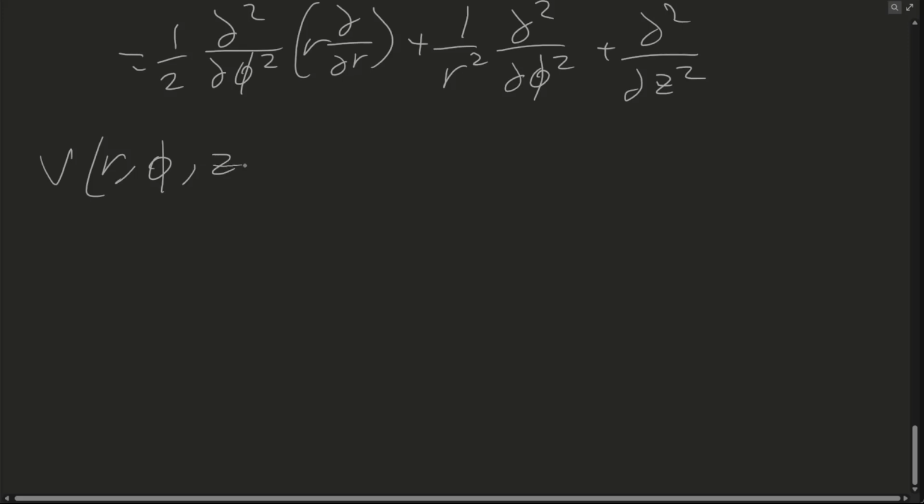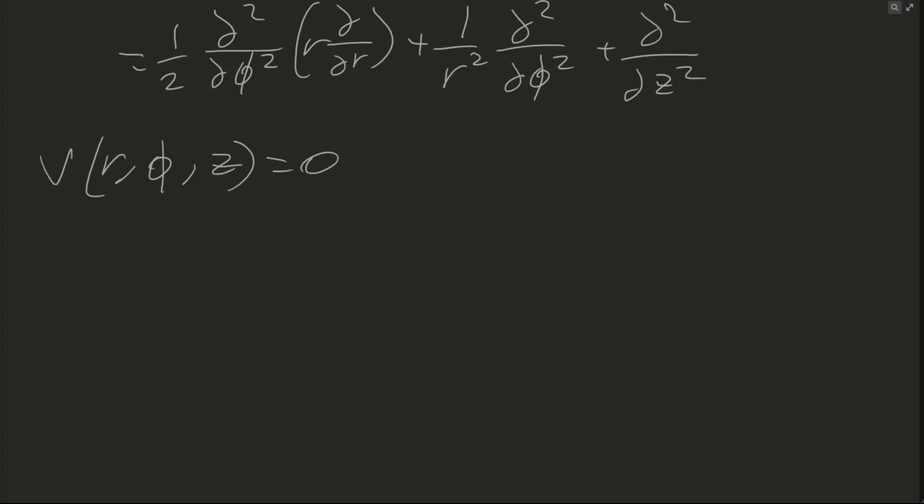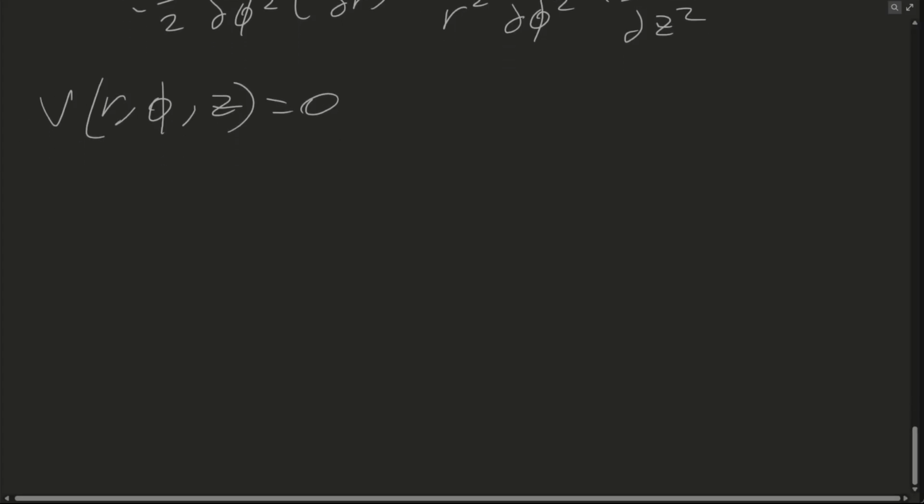Do you call it that in physics? I haven't done a physics degree. Inside the cylinder, r is less than some a, and z is between 0 and some length, and infinite outside of that. So that's our potential function.